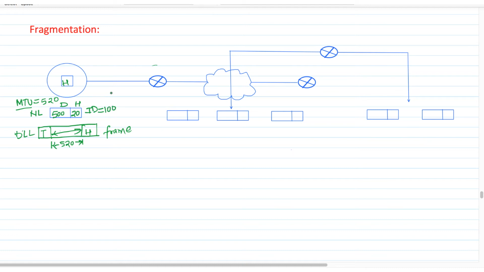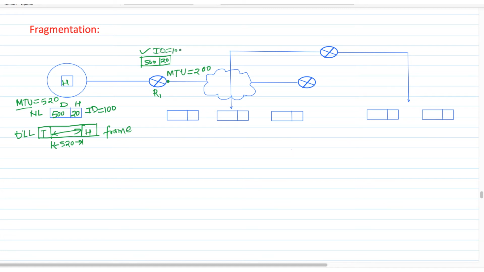When this packet is forwarded from this network to the other network, after receiving this packet, this router, say R1, will first check the MTU of the outgoing link. Suppose the MTU is 200 for this network. So before sending this datagram to this network, the router is going to perform fragmentation.